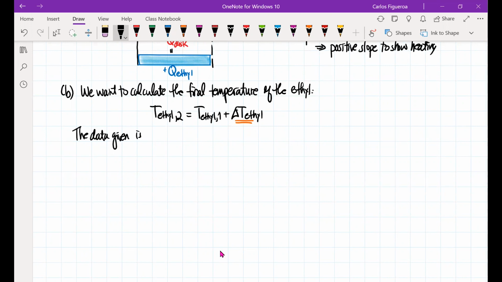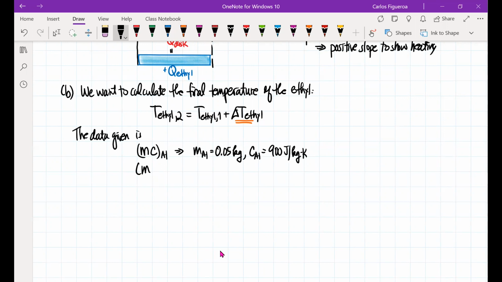I have the mass and specific heat of the aluminum, so the mass of aluminum is equal to 50 grams, and the specific heat of aluminum is 900 joules per kilogram degrees Celsius or Kelvin.